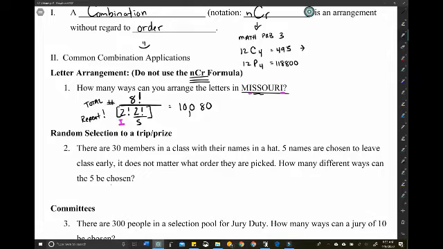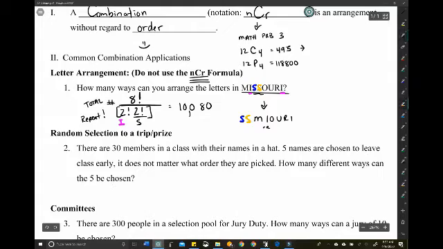The reason is, let's say this blue S and this orange S are a little different. I could arrange it blue S and then orange S and then the rest of the letters, M-I-O-U-R-I.